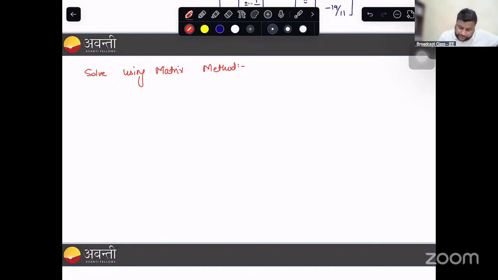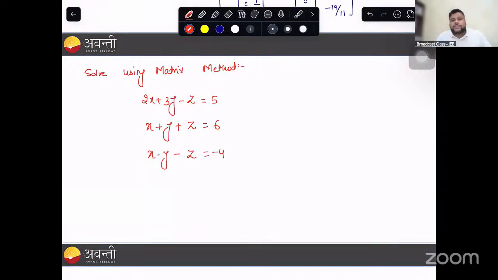The equations are 2x plus 3y minus z equals 5, x plus y plus z equals 6, x minus y minus z equals minus 4. These are three equations. Okay?